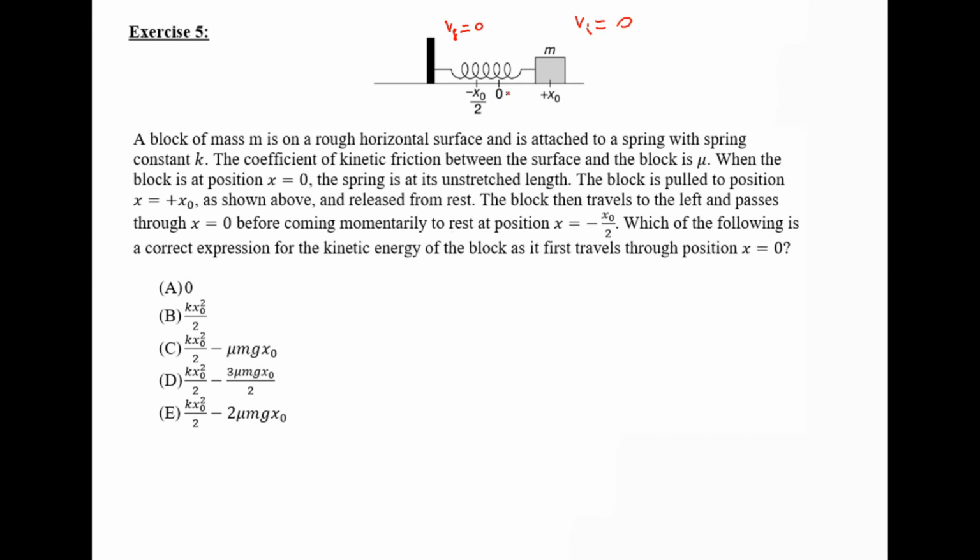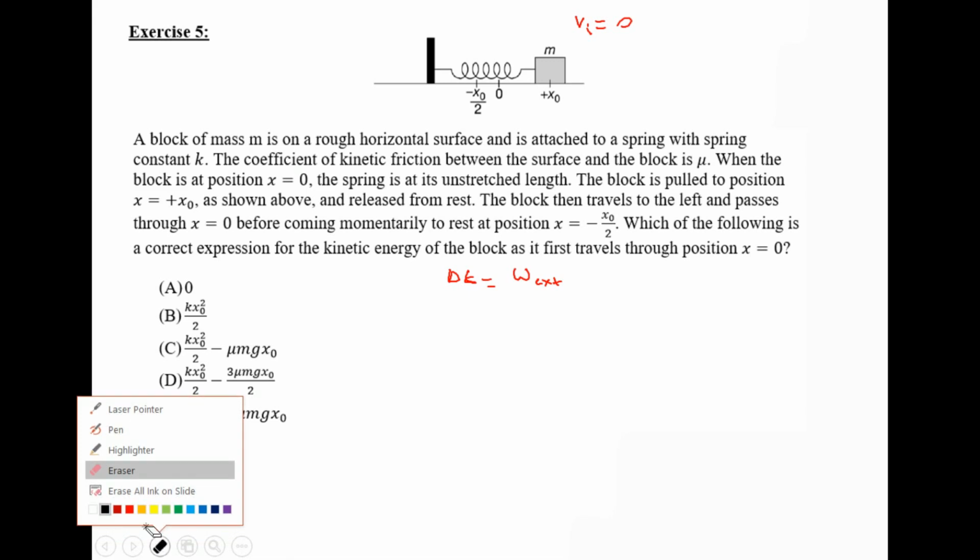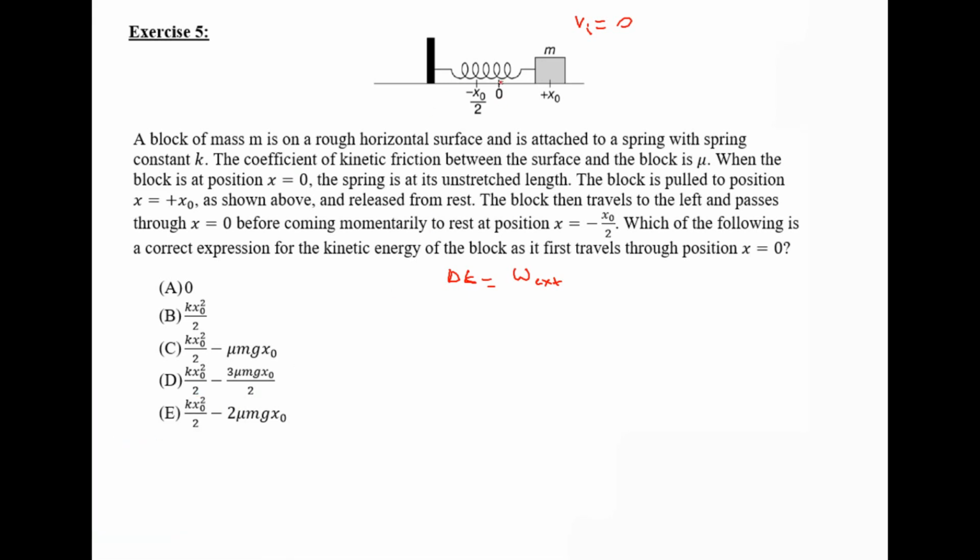So we need the kinetic energy at O, and this can be done using the work energy theorem. Then delta K would be the work done by the external forces. Now what is the initial point and the final point? The final point in this case would be the equilibrium position, so let me erase this. That would be the final point.